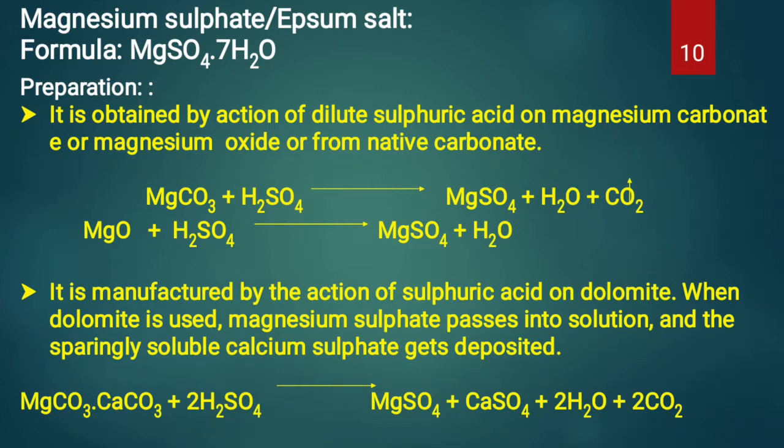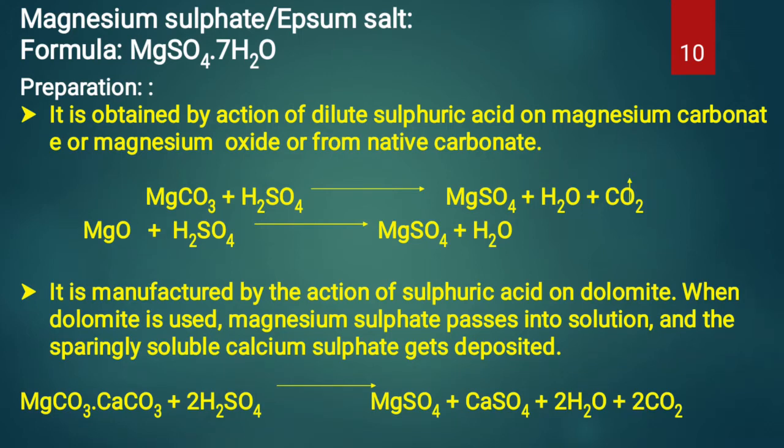Another reaction involves magnesium oxide reacting with sulfuric acid to form magnesium sulfate as well as water. It can also be manufactured by the action of sulfuric acid on dolomite.